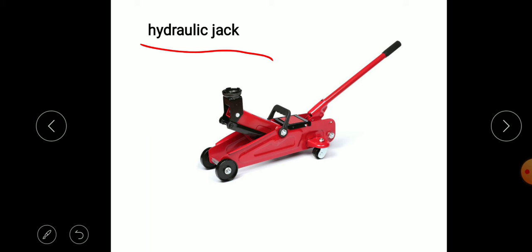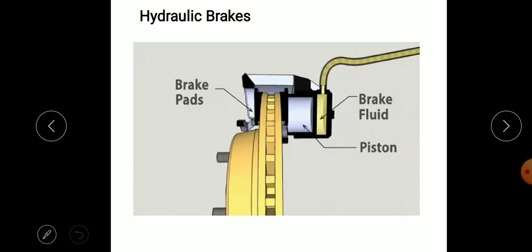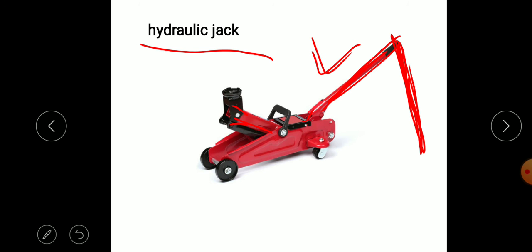In this case, there is a hydraulic cylinder inside. When we pull and move this lever, force is applied by the lever, and by a lever a greater force can be applied. We can move this lever up and down. Inside there is a fluid, and as in the earlier example, the fluid is applied at a smaller cylinder.